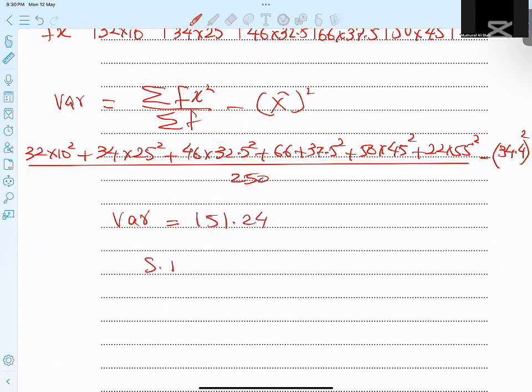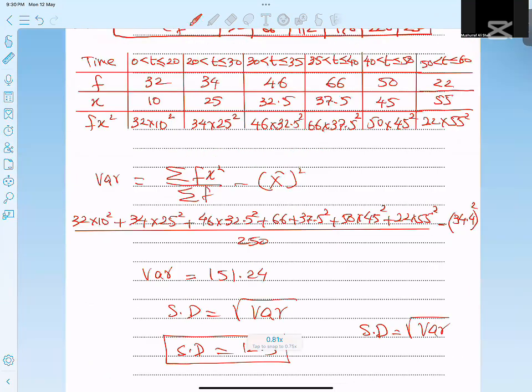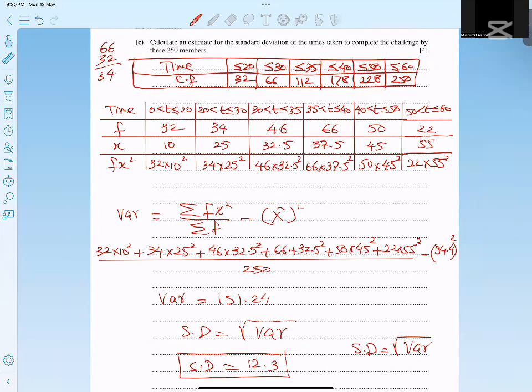But I'm looking for deviation, and there, the root of the variance will give us the deviation. If I take the root of 151.24, it will give us 12.3 as the final answer. It means if I need standard deviation, I will take the root of variance. Okay, I hope the concept is very clear, and this question is completely over.